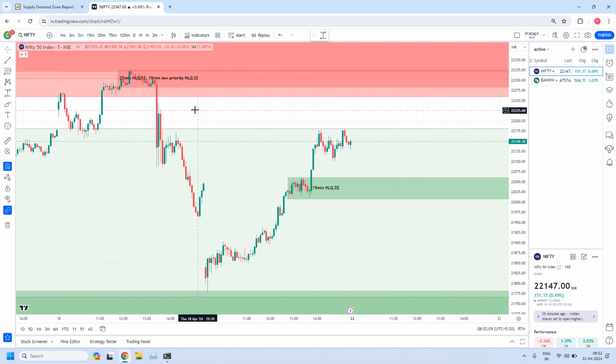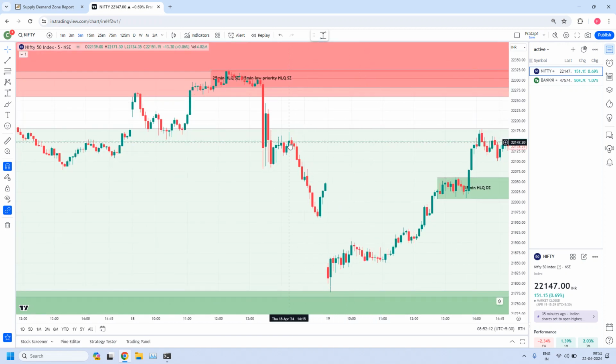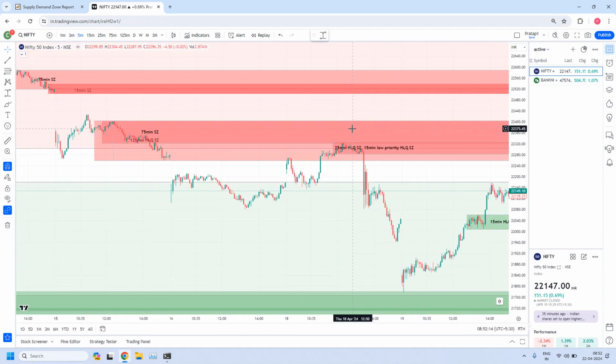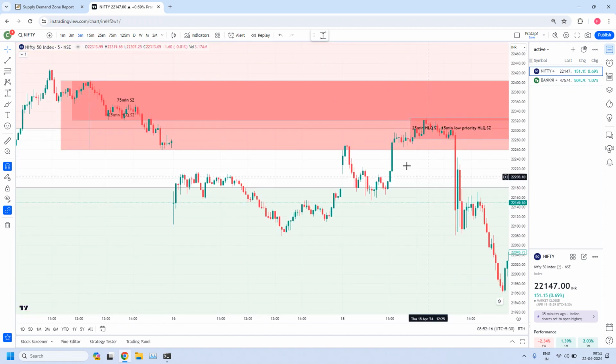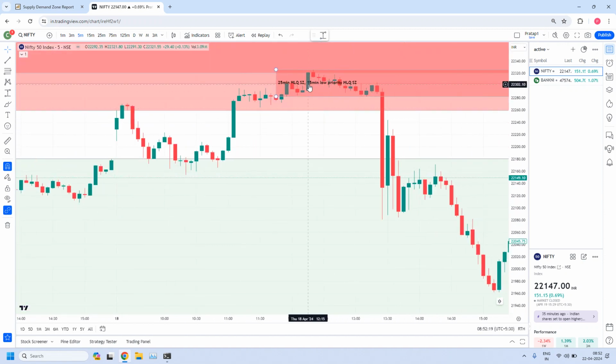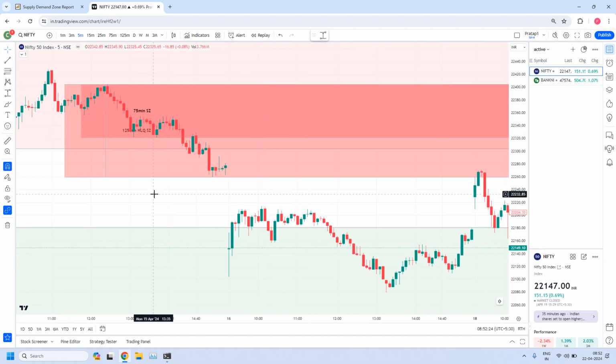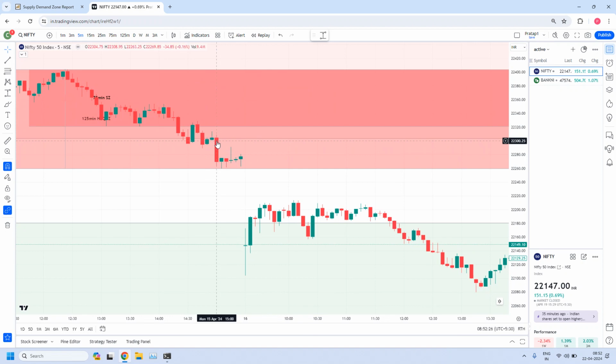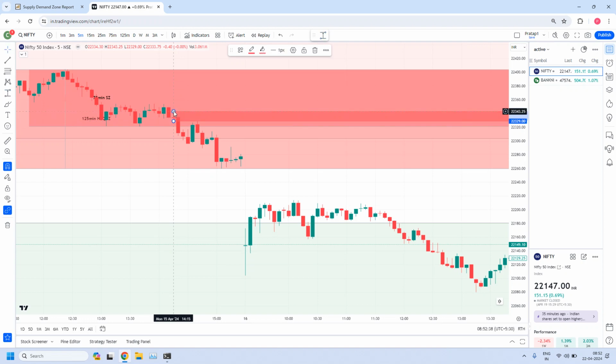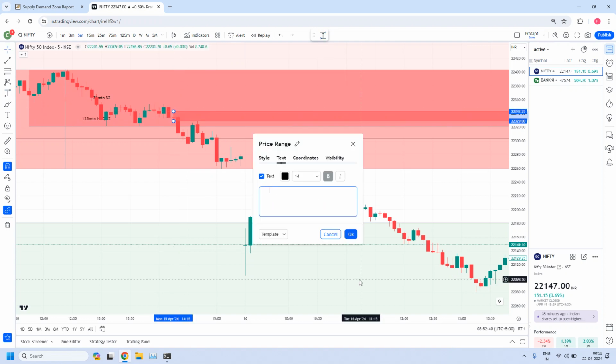15-4, 14-10. So this is the one. This is a 5 minutes supply zone.